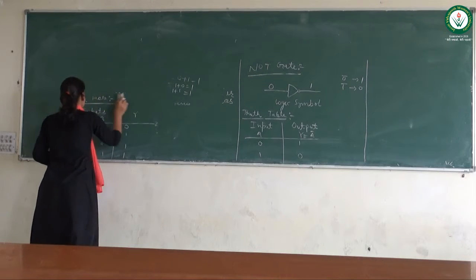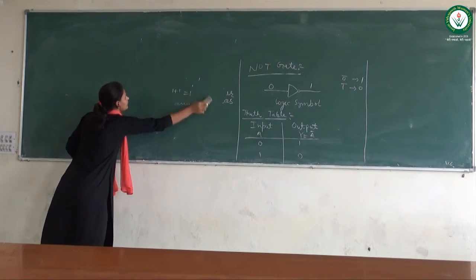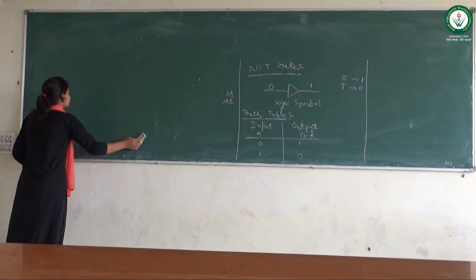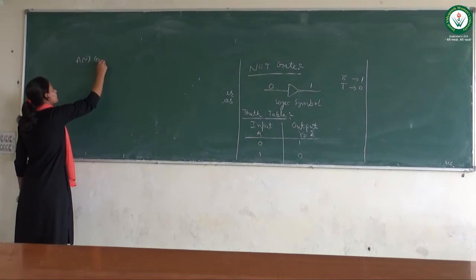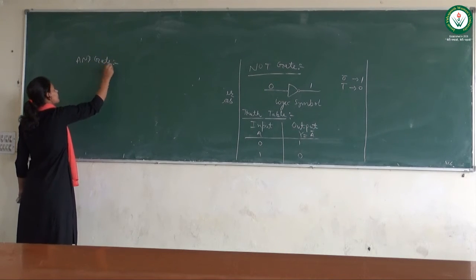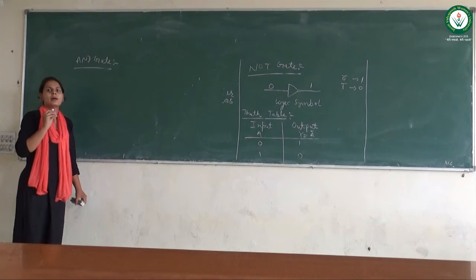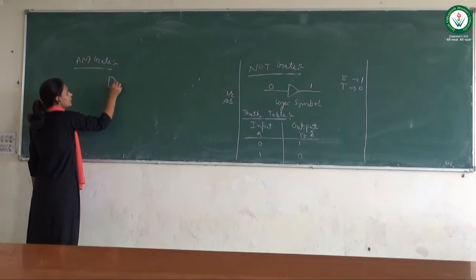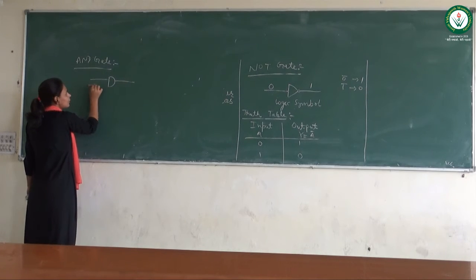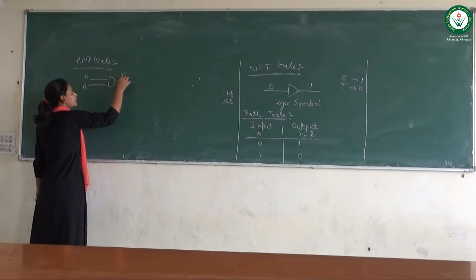Next is AND gate. AND gate performs logical multiplication. This is the logical symbol of AND gate.